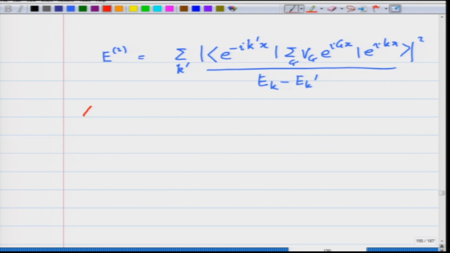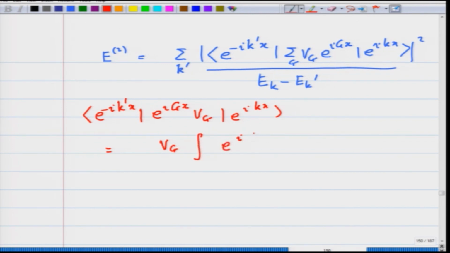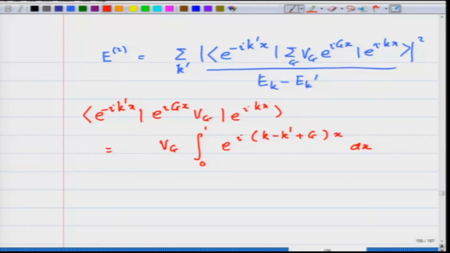I am going to write e raised to minus i k prime x, e raised to i g x, V g, e raised to i k x is equal to V g times the integral of e raised to i k minus k prime plus g times x dx, where the integral dx is over this entire length over which I apply the periodic boundary conditions. So, I can write this as 0 to L.